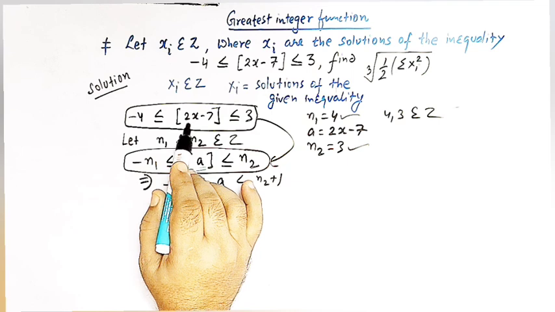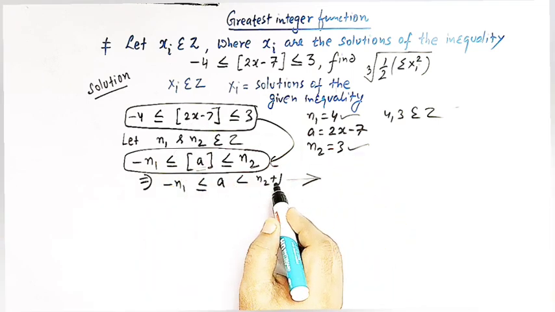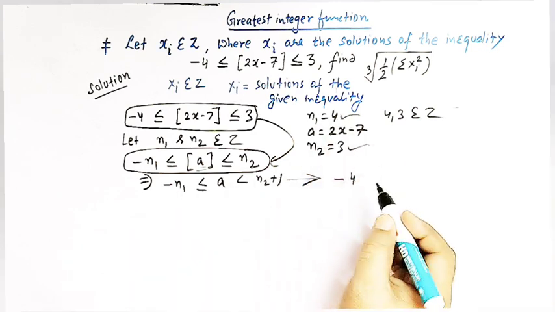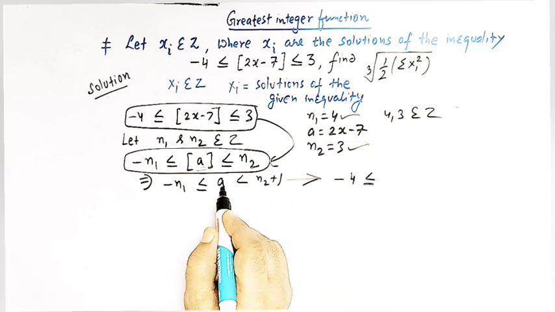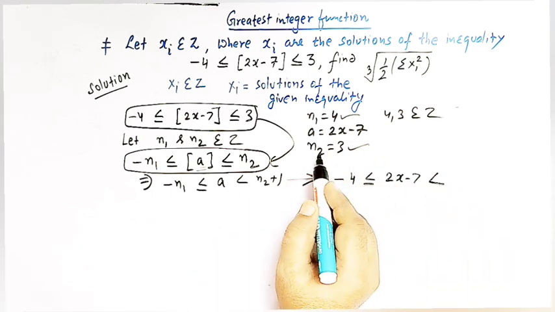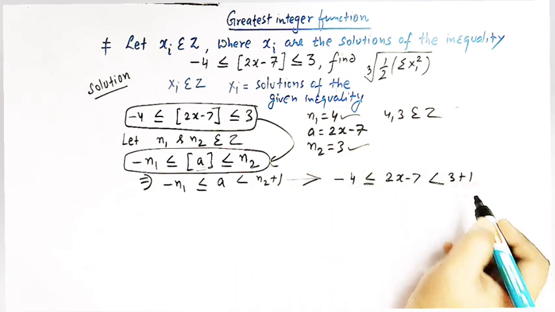So here a is 2x minus 7. So now this inequality gives us minus 4, because n1 is 4, and here we have a, which is 2x minus 7, and here we have n2 plus 1, n2 is 3, so we have 3 plus 1.